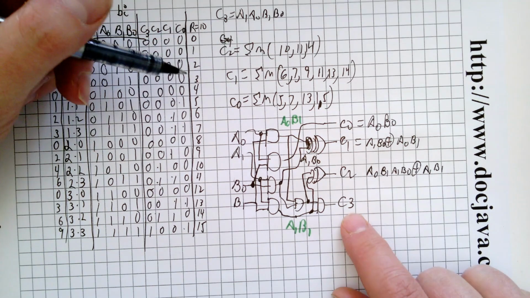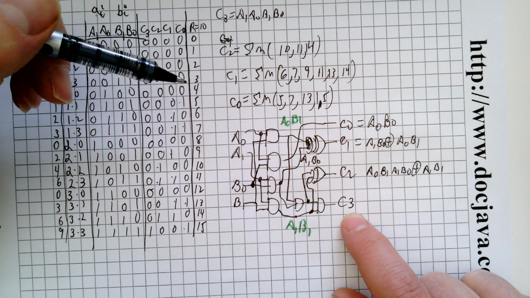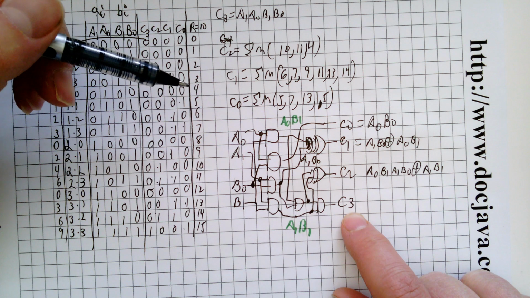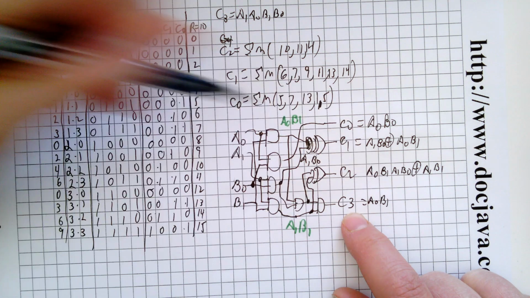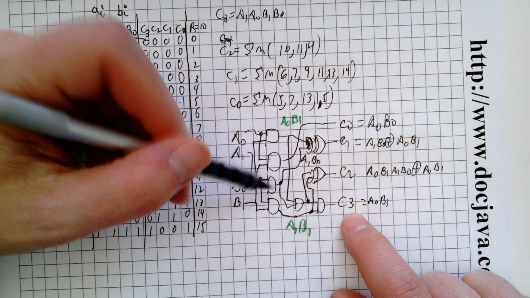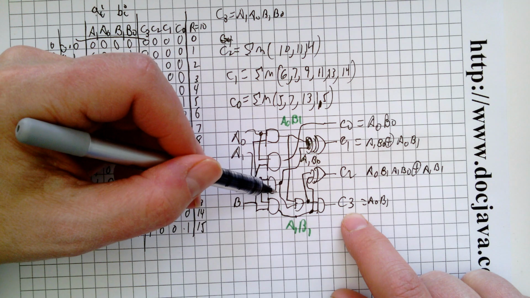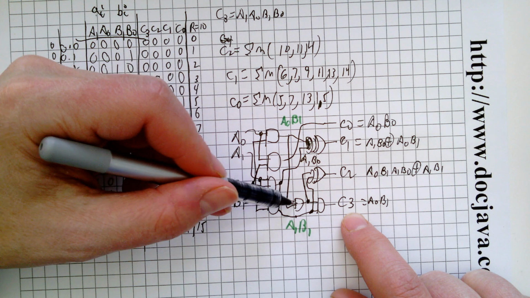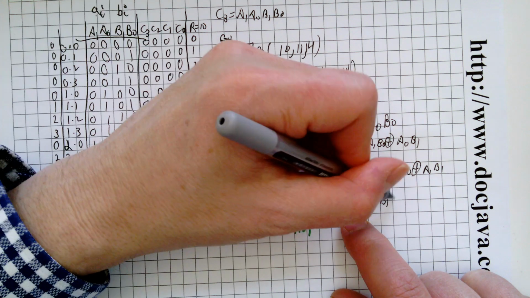And then comes C3. And now C3 is going to be A0, B1, and so this is A0, B1, and whatever comes in here, which is B0, A1.